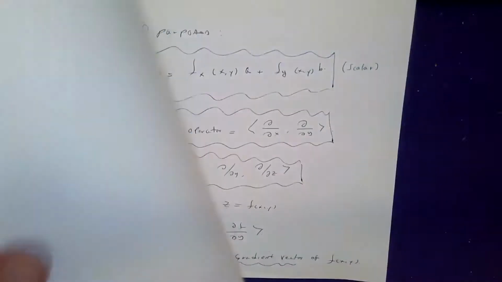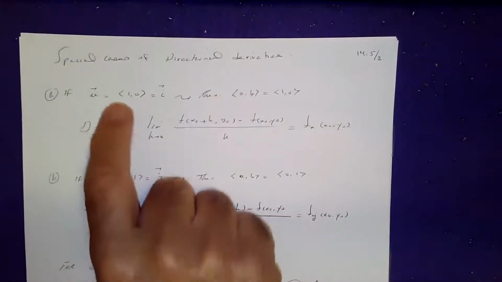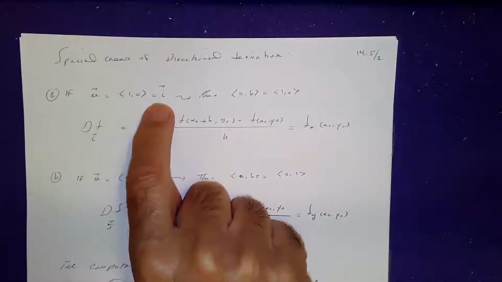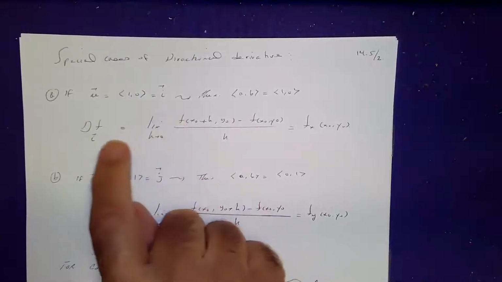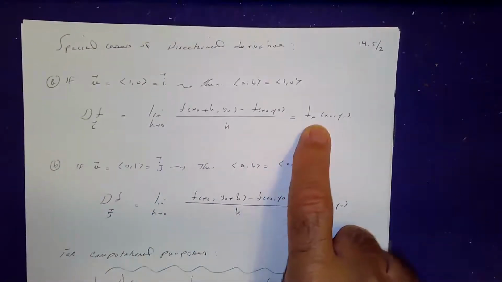So, a special case of the directional derivative: if the direction you selected happens to be i, that changes the directional derivative formula to the partial derivative of f with respect to x.